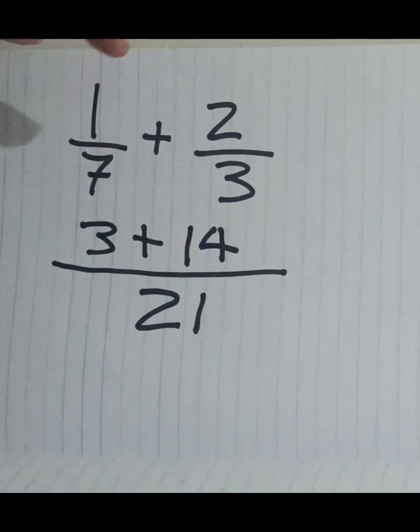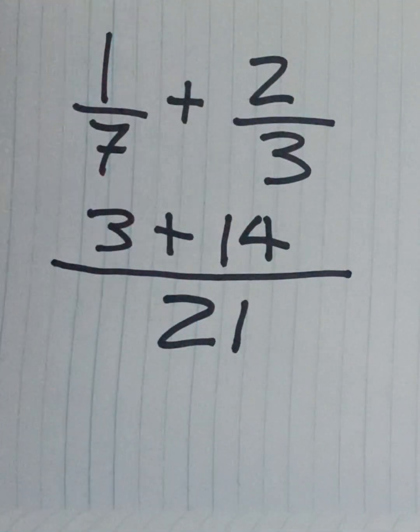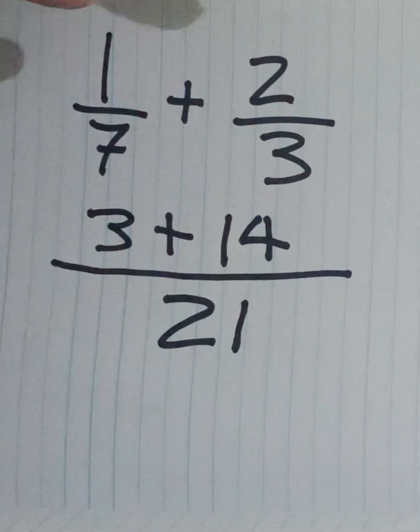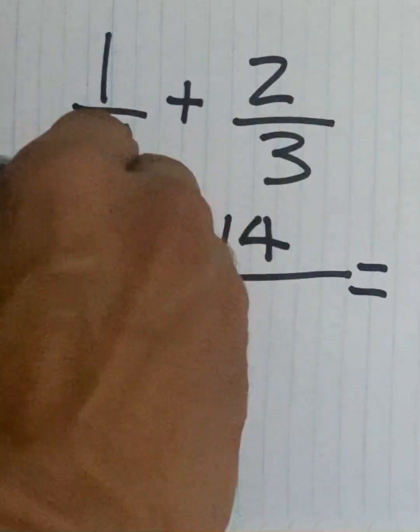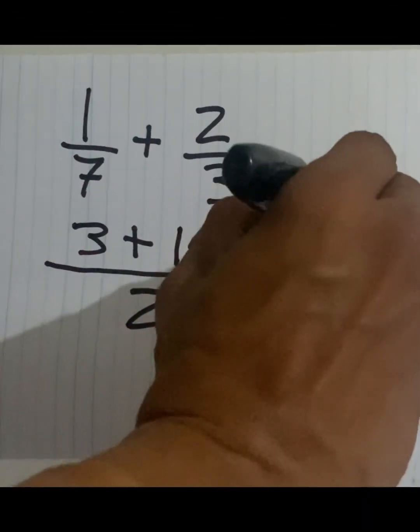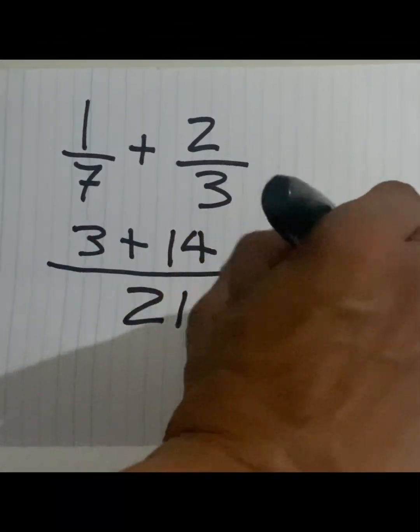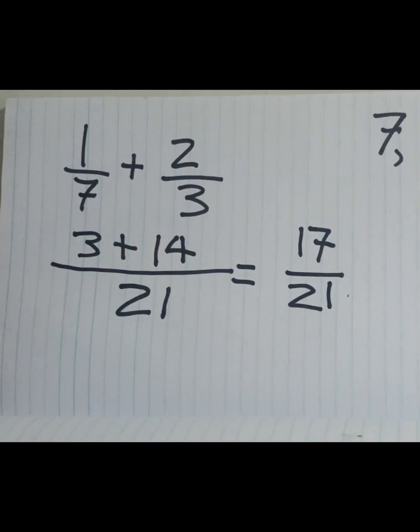So we divide by the denominators, and then we multiply by the numerator. That's all we did just now. So we have 14 plus 3 equals 17 over 21. So that's our answer.